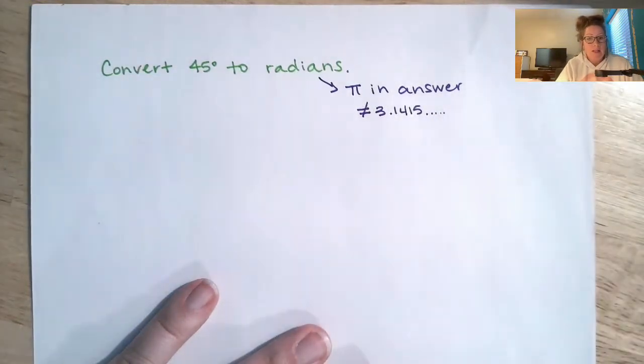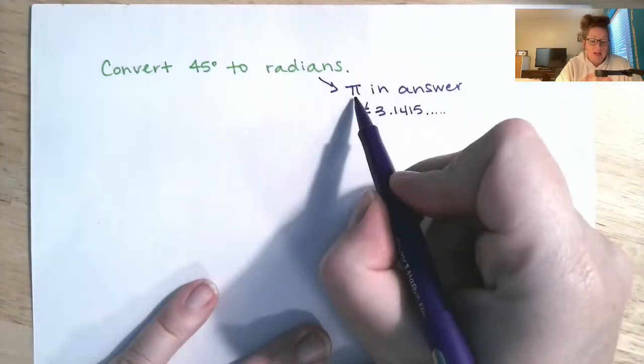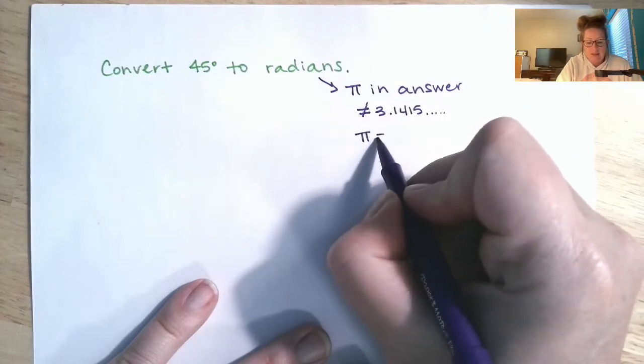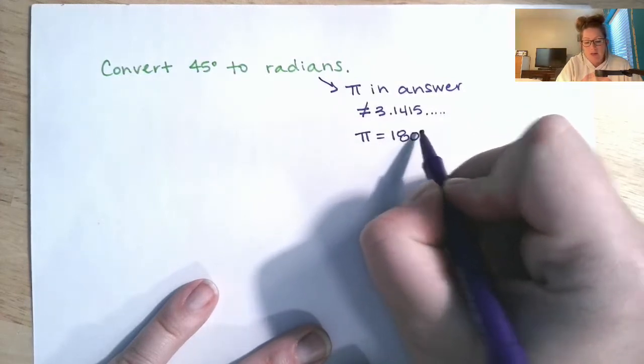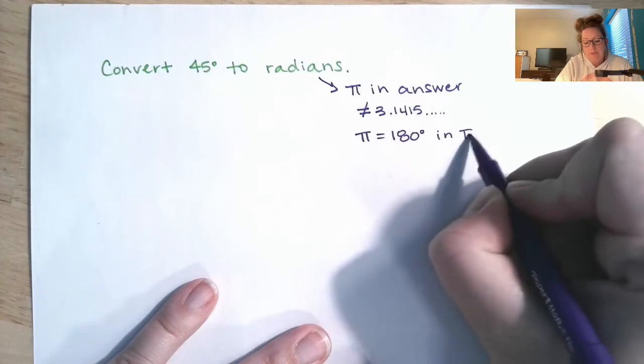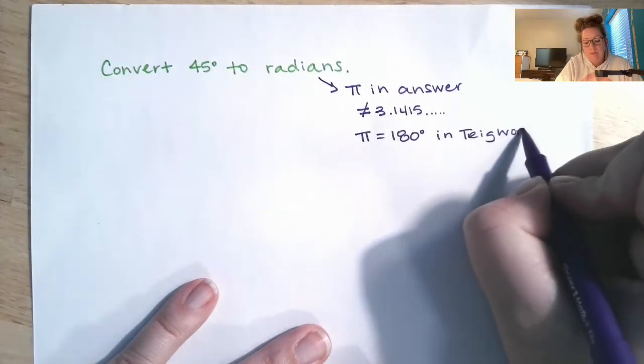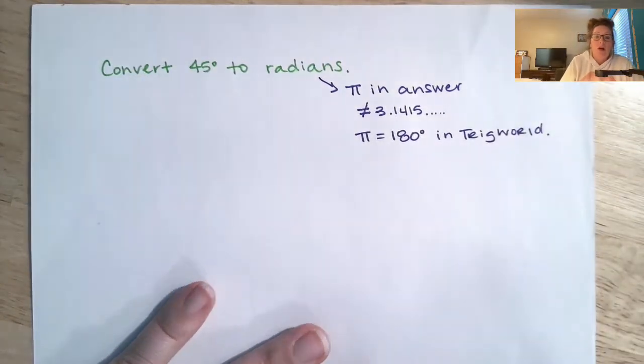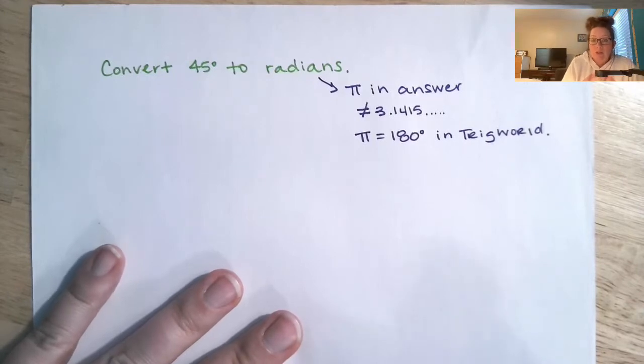In trig land, pi is a radian, pi does equal 180 degrees in trig world. Okay, so whenever we see 180 degrees, when we're talking about sines, cosines, tangents, unit circles, all of these things that are coming up, it's not pi 3.14, it's pi 180 degrees.